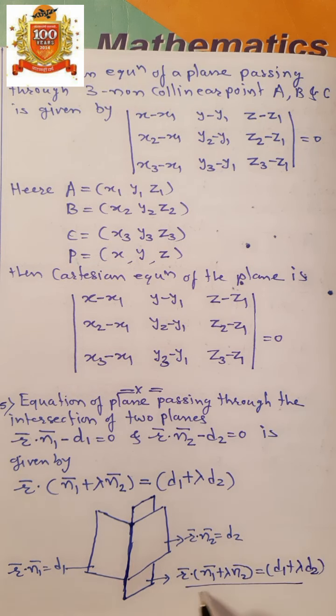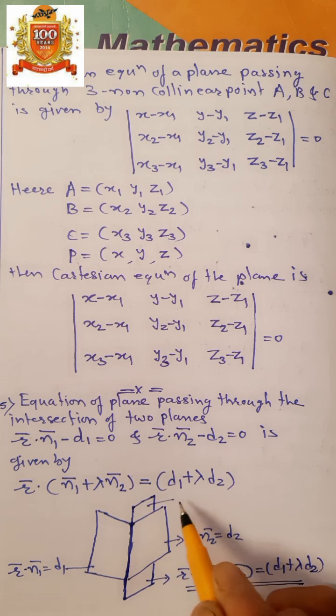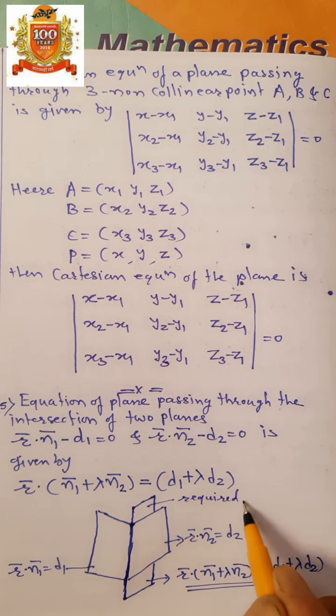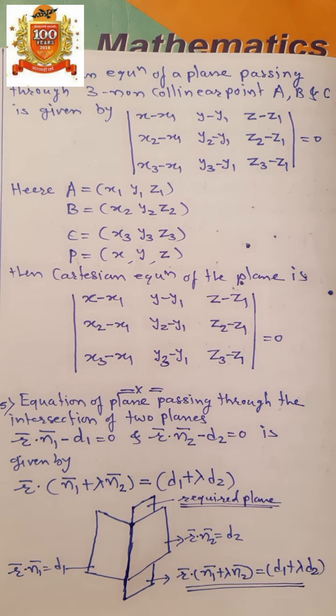This is our required equation of a plane passing through the intersection of two planes, isn't it?